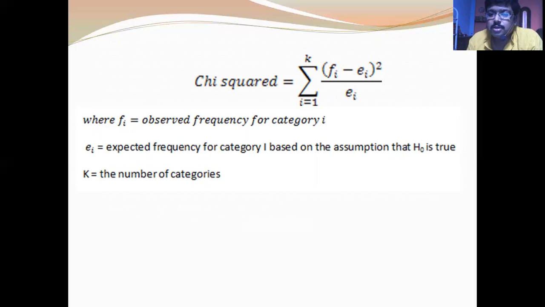Okay. So in this equation, K equals 3. If you would like to find out the chi-square, then here K is 3.